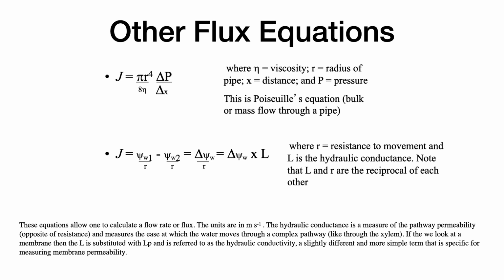The opposite of resistance is conductance. It's the inverse of resistance, and we use the term L. So we can use the water potential gradient divided by R, which is equal to the water potential gradient times L. This is important when we talk about things such as membranes.